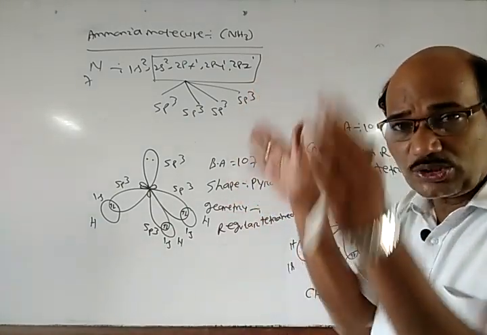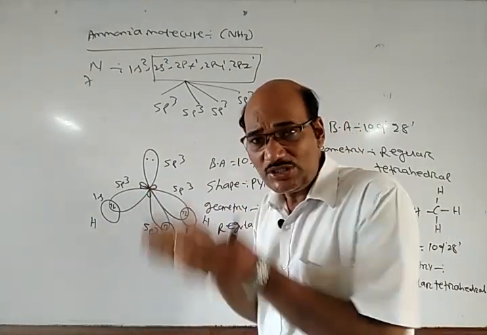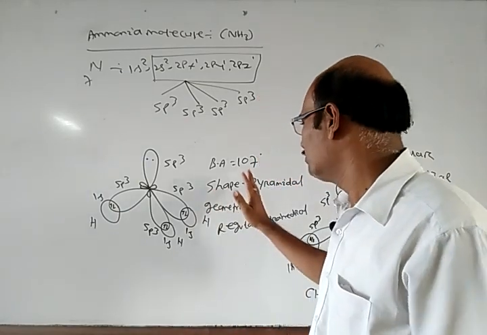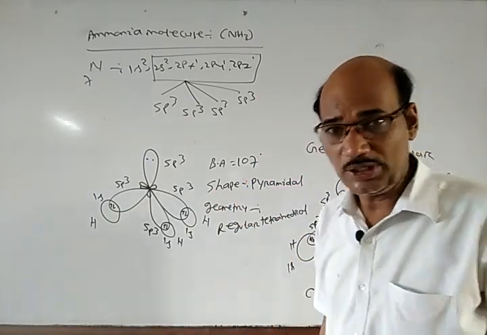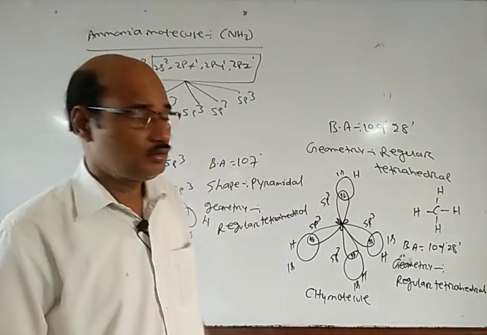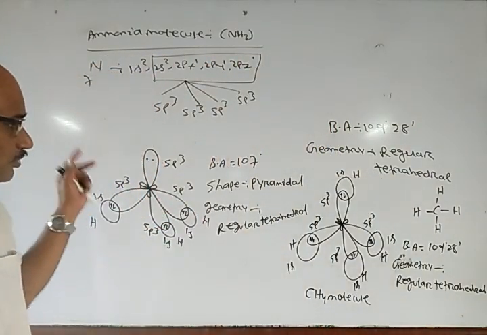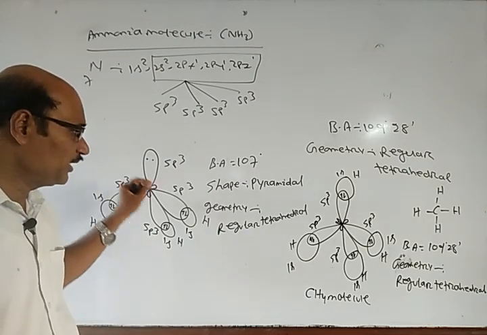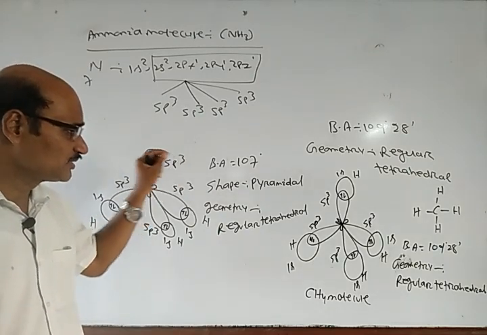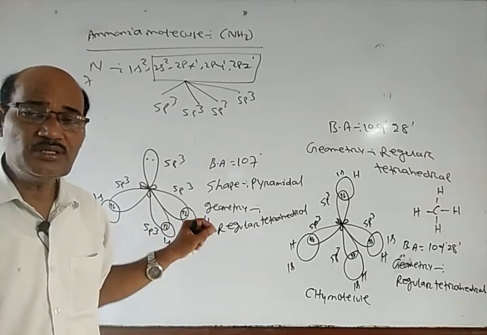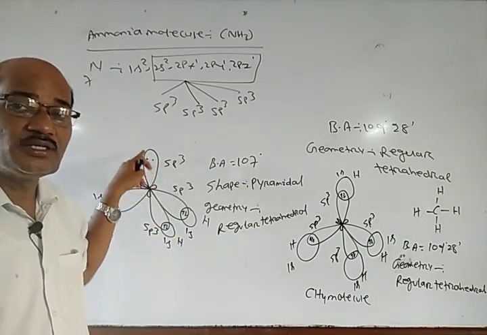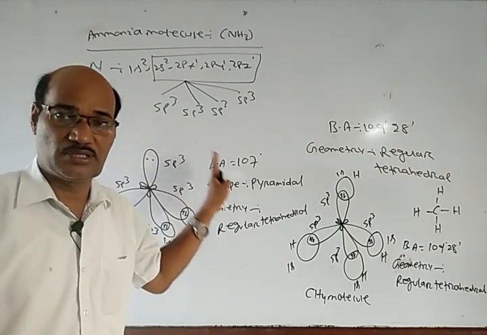Due to more repulsion, the bond angle reduces to 107 degree, and hence the shape becomes pyramidal. So though the nitrogen atom in ammonia is sp3 hybridized, the bond angle reduces to 107 and the shape becomes pyramidal because of the lone pair of electrons in one of the sp3 hybrid orbitals.